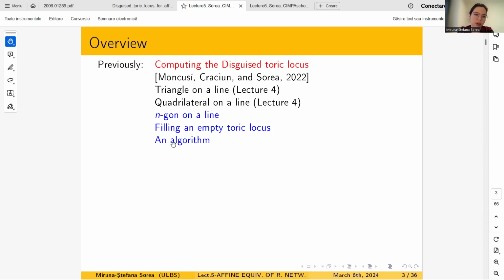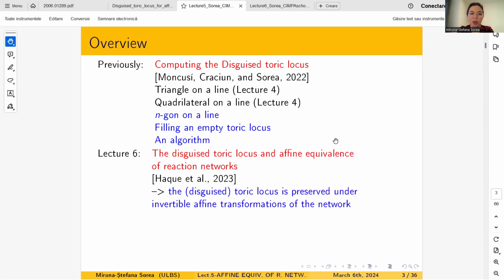And also we will see an algorithm that one can apply in order to study more classes of networks and find new results, because we just considered several networks or families of networks, and there is still a lot more to find out about the disguised toric locus. And precisely because of this, this is what motivates this lecture. Sorry, this was supposed to be lecture 5 here.